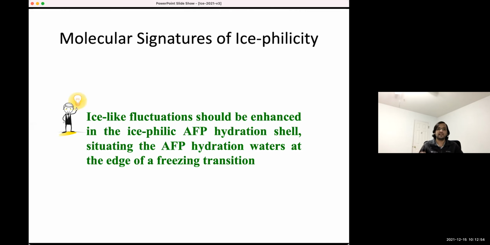if I want to test this hypothesis, I need a library of surfaces that span a range of ice philicities. How do I get such a library of surfaces? That itself turns out to be non-trivial.